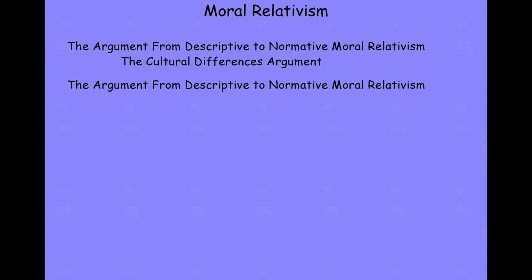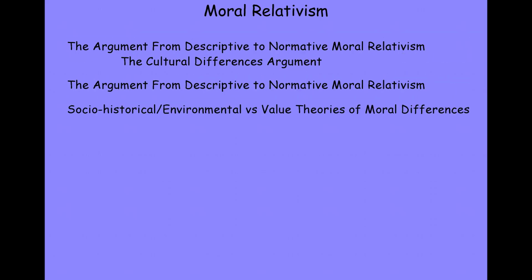He wants to claim that the argument from descriptive moral relativism is in fact invalid. And he's going to argue for that by giving us a counterexample that's essentially the same counterexample that we saw when we looked at moral skepticism earlier in this course.